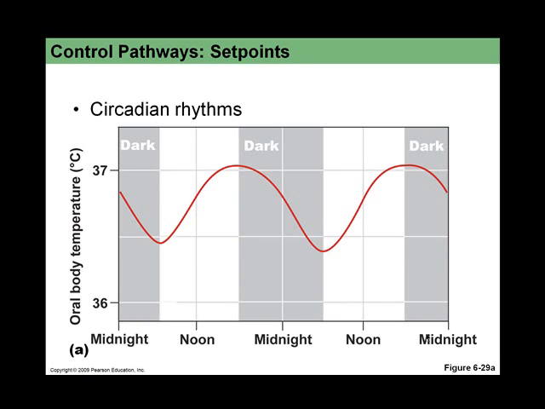So it's time, and this is 12-hour intervals of time on the x-axis here, and oral body temperature in degrees centigrade. So 37 degrees centigrade is considered to be normal body temperature. And in this set of individuals, 37 did not turn out to be the average. It's more like 36.8 or something.